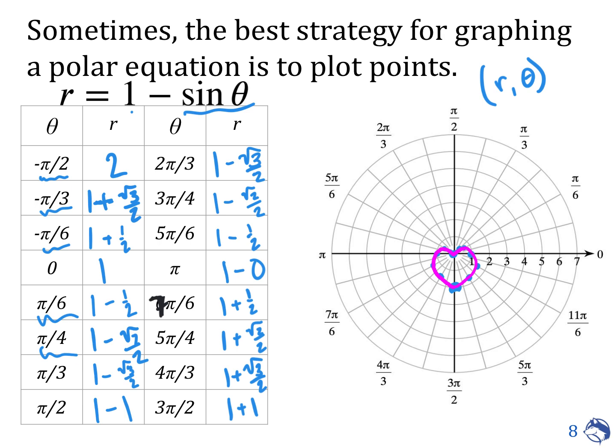This graph is the final graph of a polar equation, and this graph is called a cardioid, because of heart: the word cardiac refers to hearts. Cardiac arrest is a heart attack. So a cardioid is a graph that looks like a heart.